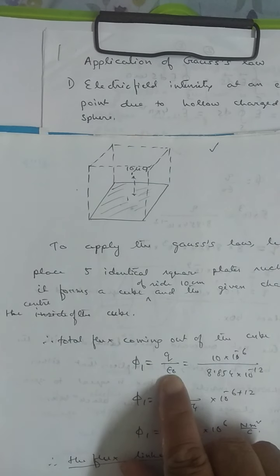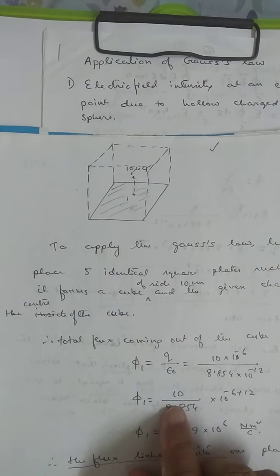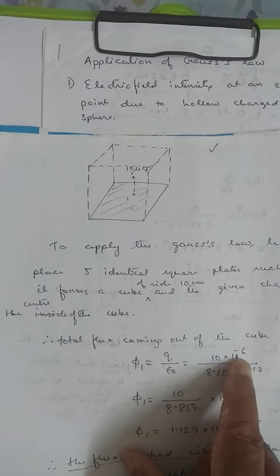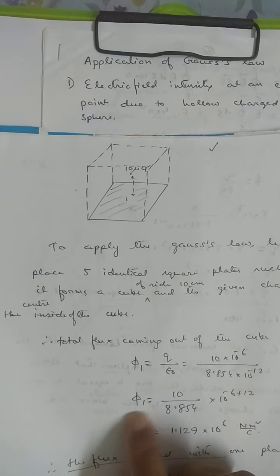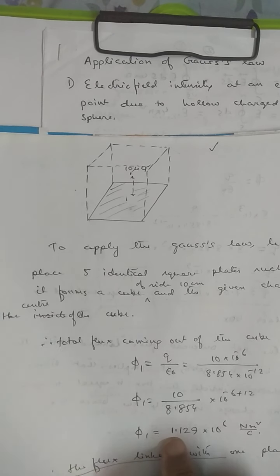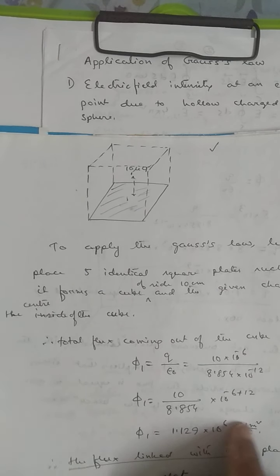It is Q by epsilon 0. Q is 10 microcoulomb, micro means 10 to the power minus 6. We are getting phi equal to 1.29 into 10 to the power 6 newton meter square per coulomb.